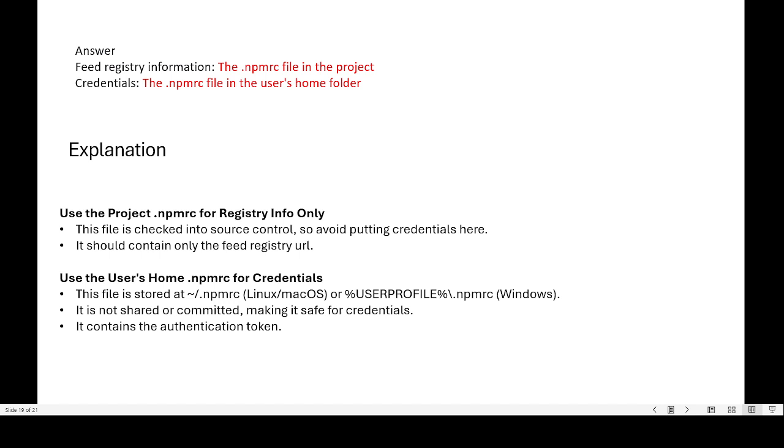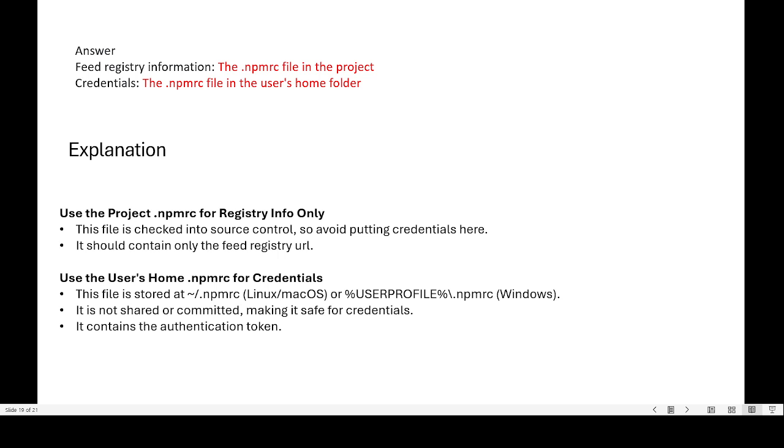So for feed registry information, the feed registry is from where we will fetch our packages. So the .npmrc file in the project will be used. For credentials, for authentication, the .npmrc file in the user's home folder will be used. Why? The project .npmrc is for registry info only.